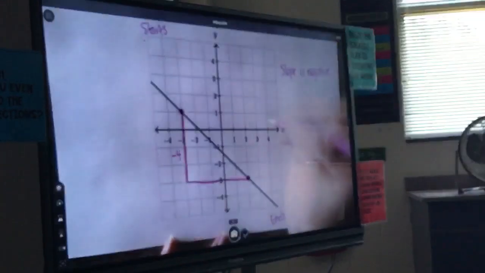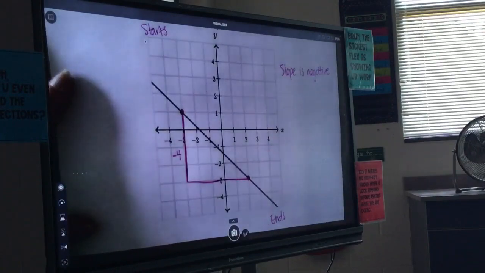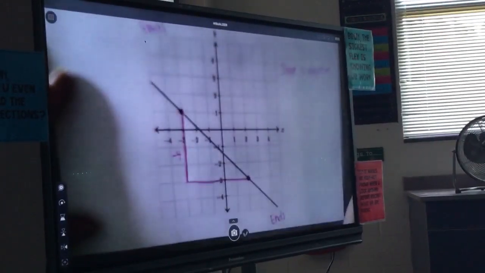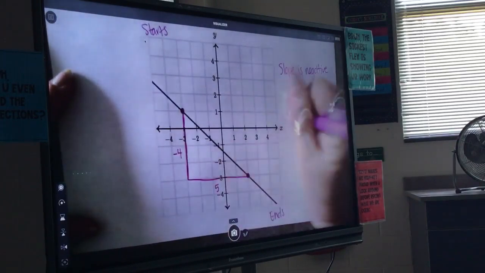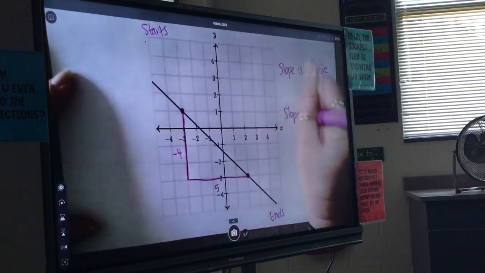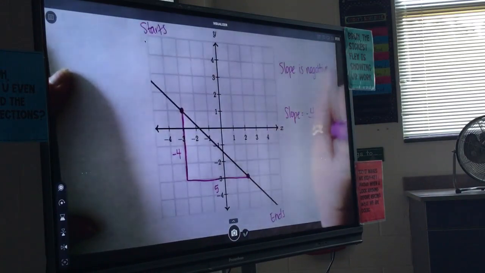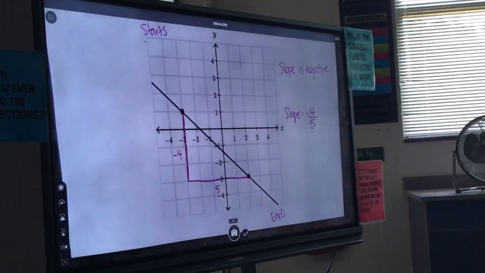And then my run, 5. It's going to be 5. So my slope equals -4 over 5. And it'll be easier on your iPad, obviously, tomorrow because you'll be able to zoom in, zoom out, count. I know it's a little bit harder on the smaller problems.